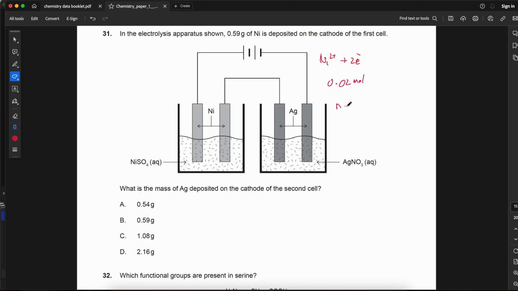We need to find the mole of Ni. The mass of Ni is 0.59, and the atomic mass of Ni is 59. That will be 0.01 mole. Because it's 2 electrons, it's 0.02 mole. To find mass, it is mole times Mr. So mole is 0.02 times Mr of Ag, which is 107.87. Then you will get 2.16 gram.